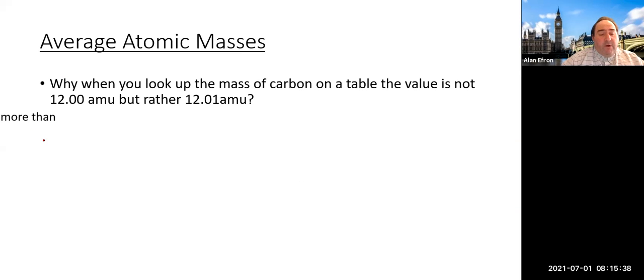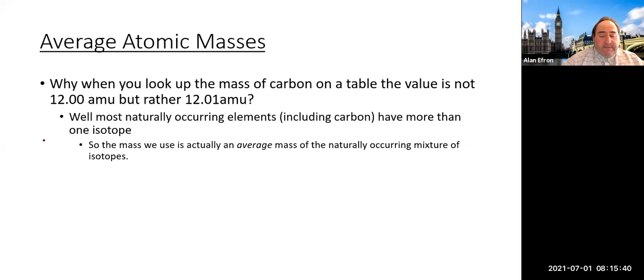For example, carbon has a couple of isotopes that naturally occur, carbon 12 and carbon 13. The value we see there for carbon of 12.01 is the average of those naturally occurring isotopes, the average of the mass of the carbon 12 isotope and the carbon 13 isotope. So all the numbers we see on the periodic table are those average values of all the naturally occurring isotopes.